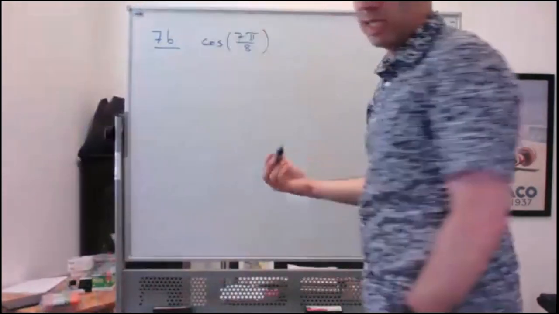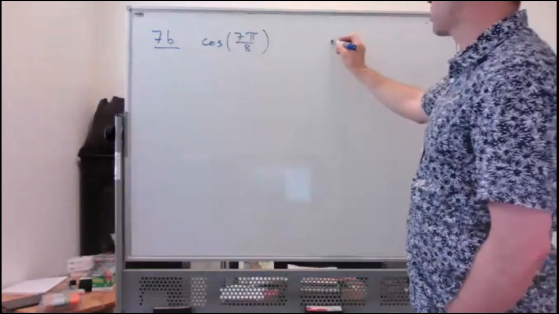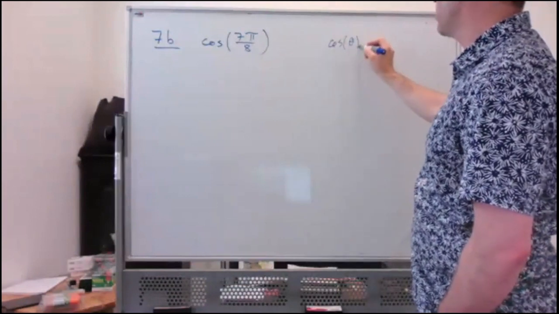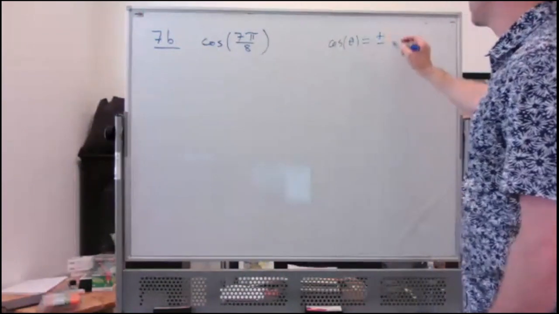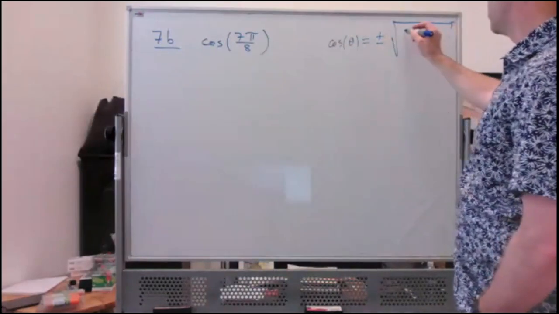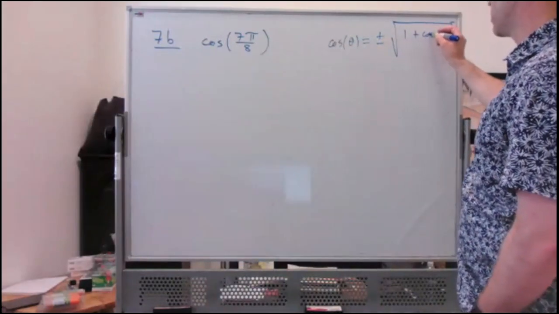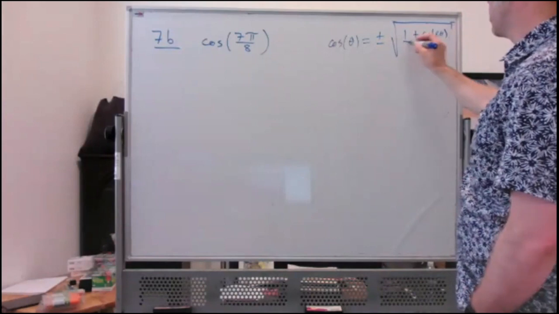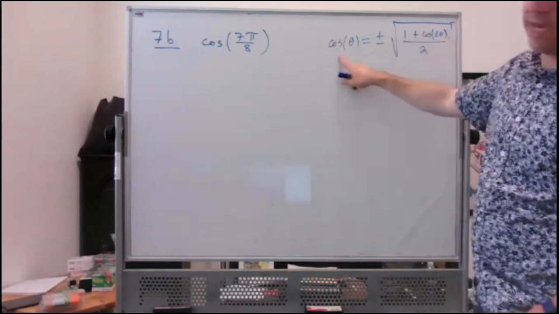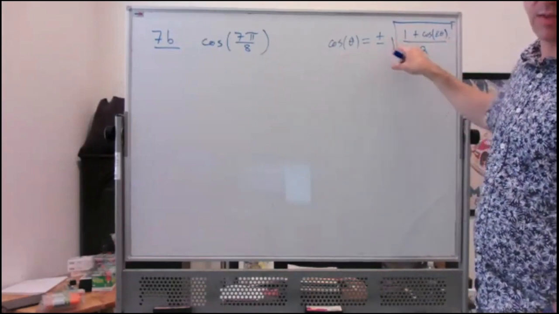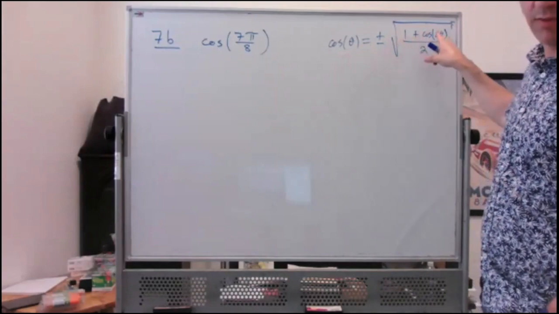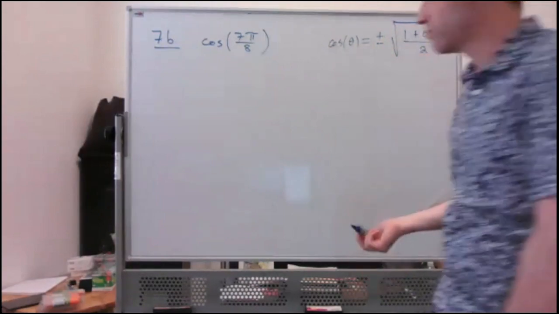The one we need to use is the one for cosine. It says cosine of theta is plus or minus the square root of 1 plus cosine of 2 theta all over 2. If it was sine instead, it would be plus or minus the square root of 1 minus cosine of 2 theta all over 2, which is also given.